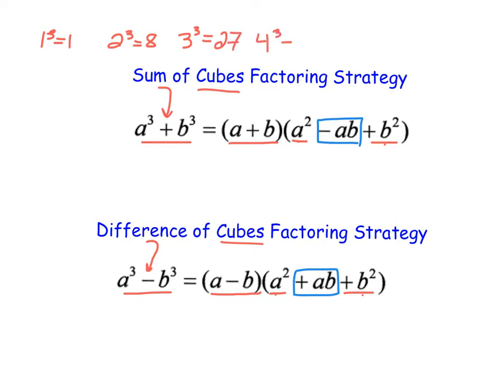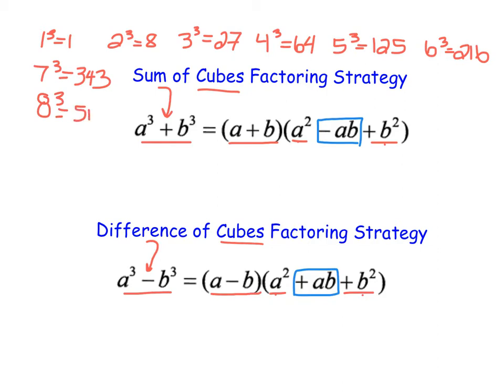4 cubed is equal to 64. 5 cubed is equal to 125. 6 cubed is equal to 216. 7 cubed is equal to 343. 8 cubed is equal to 512. 9 cubed is equal to 729.